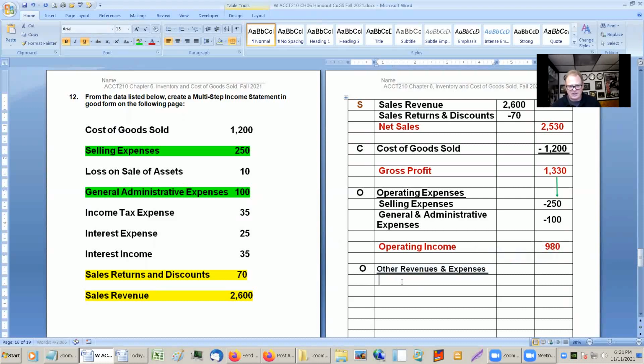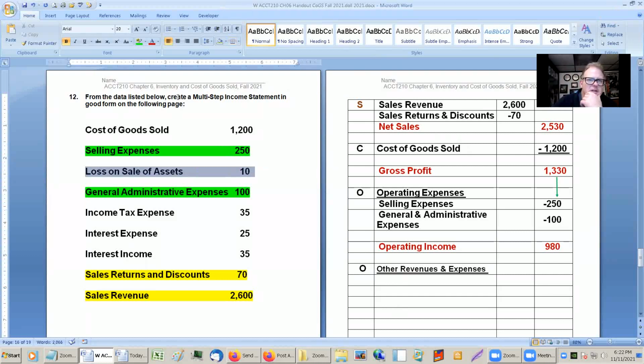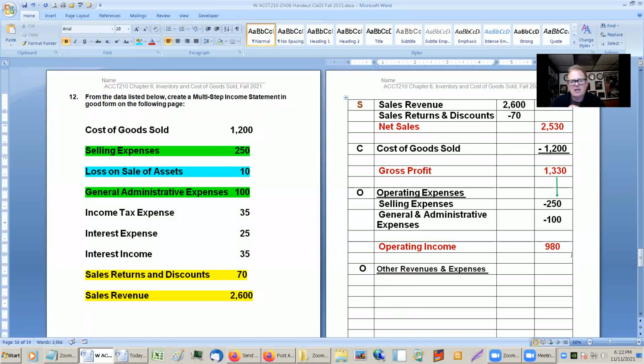These are things that are incidental to the business, and usually they come in 3 flavors, 4 flavors: anything that has to do with interest, and gains and losses. So let's go to loss on assets. Now, some of these can be positive, some can be negative. Loss on sale of assets, is that going to be positive or negative? Negative, they lost.